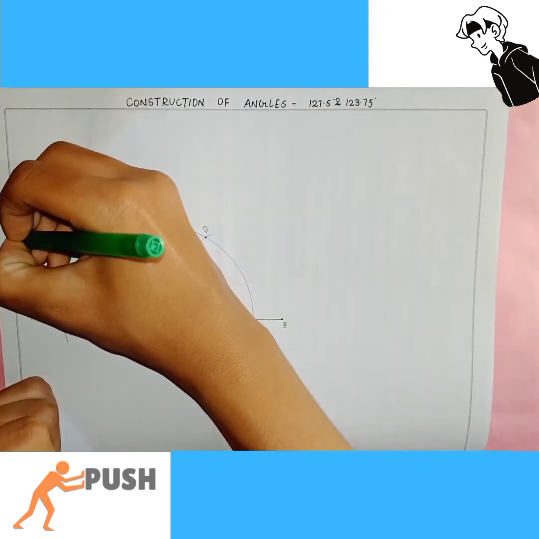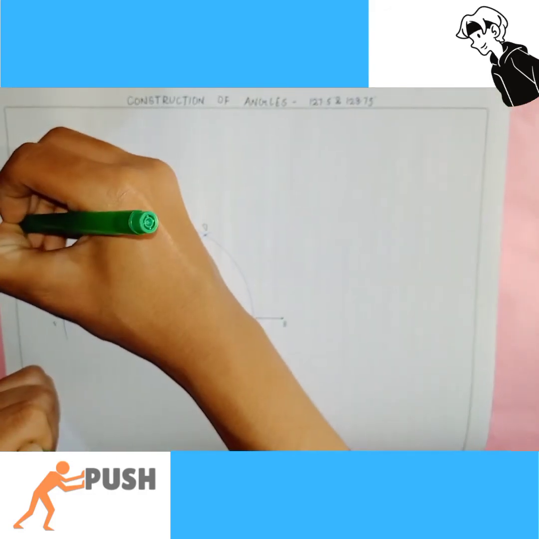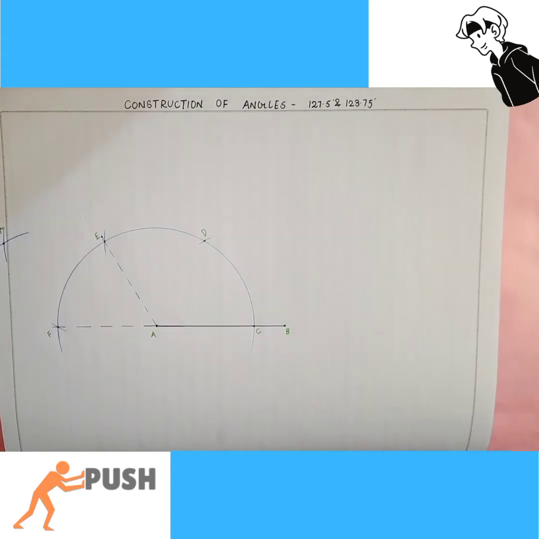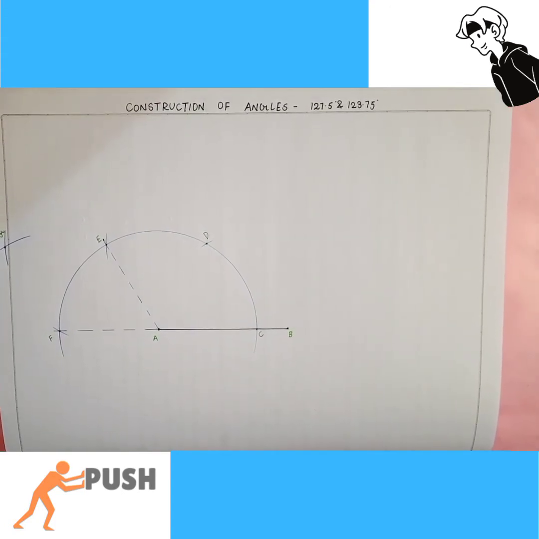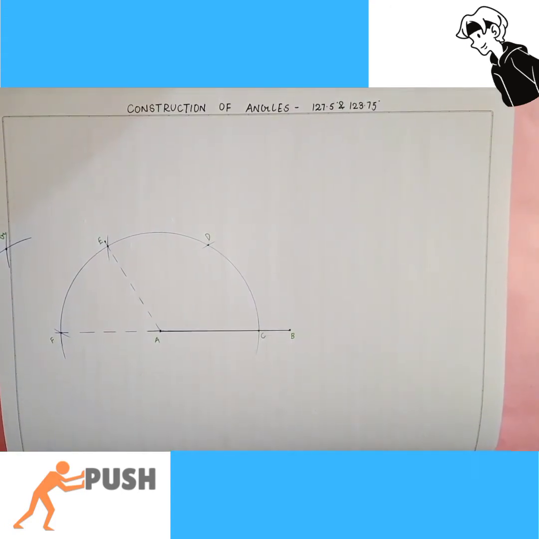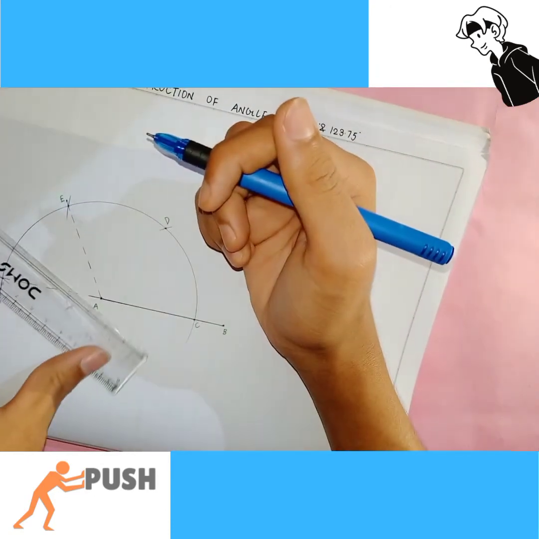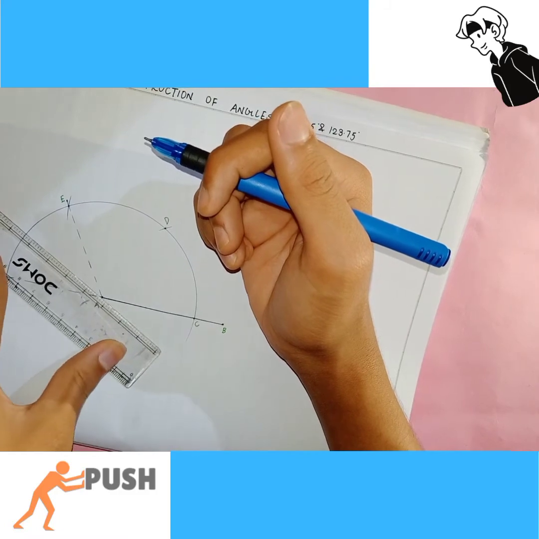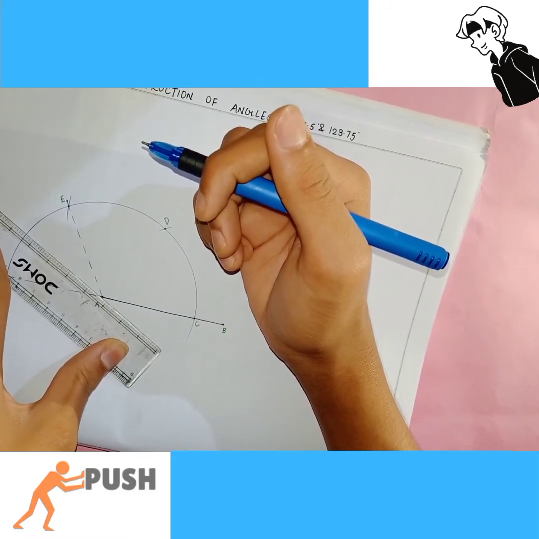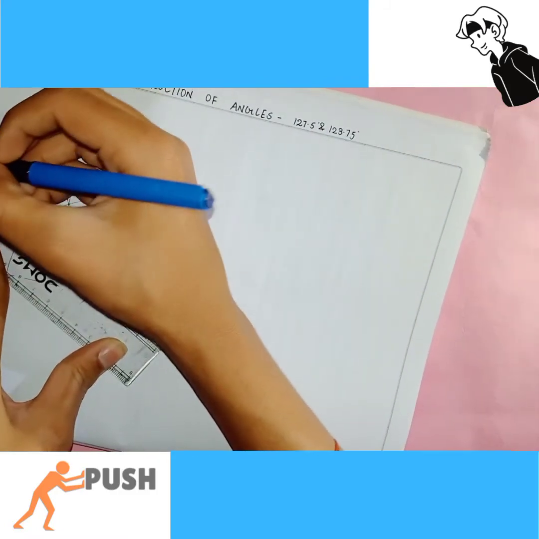Make a dot here. Let's name it G. In fact, it was not necessary to join these two even, but I did it, so no problem either. We'll join G to A with a broken or a false line.